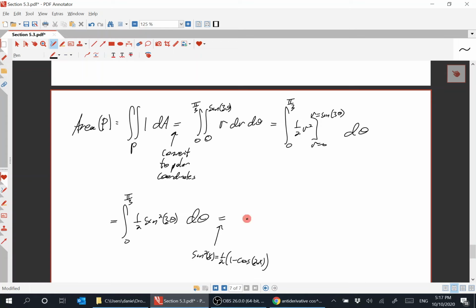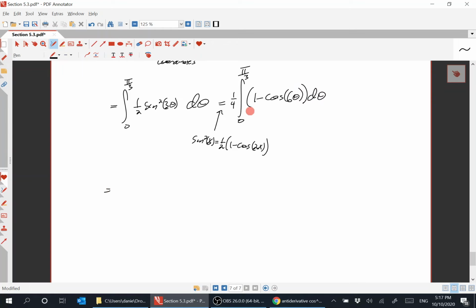So this becomes 1/4, half times a half, integral from 0 to pi over 3 of 1 minus cosine 6 theta d theta. The antiderivative of 1 is just theta, and the antiderivative of cosine 6 theta is 1/6 sine 6 theta, all evaluated from theta equals 0 to theta equals pi over 3.